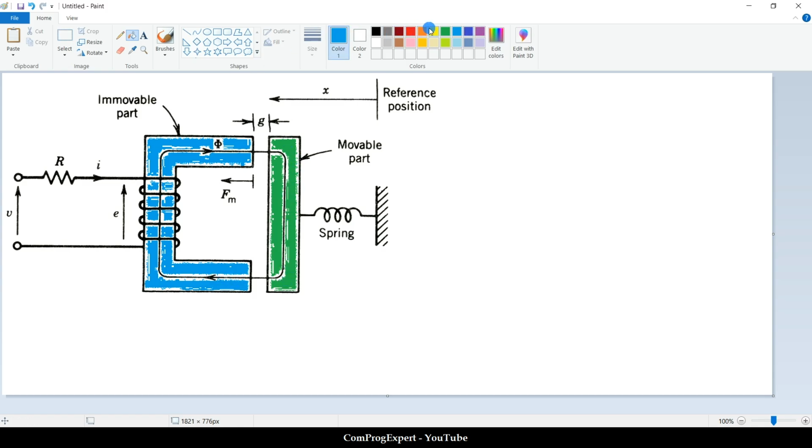In this system, this is a movable part, a part that can move, and this is the immovable, stationary part. This is the air gap thickness.